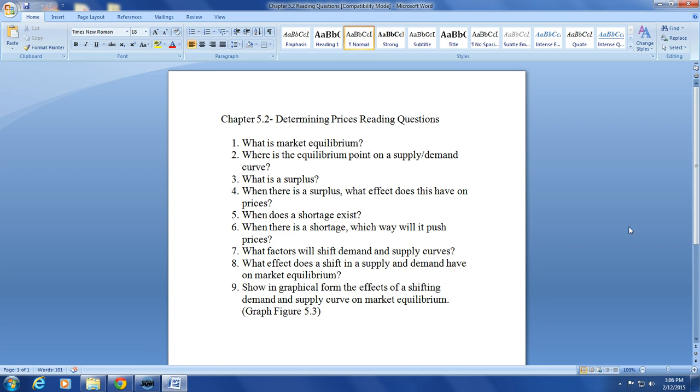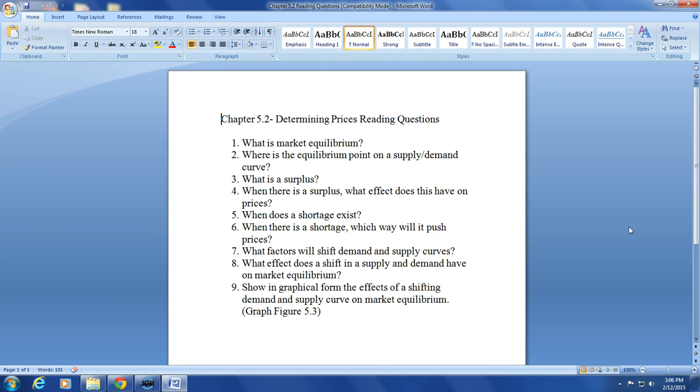So if you look at figure 5.1, let's look at the demand and supply schedule for tennis shoes. There you can see a chart. It has the price per pair of tennis shoes, the quantity demanded at that price, and the quantity supplied at that price. And what they did is they went ahead and plotted those points right next to the actual chart.